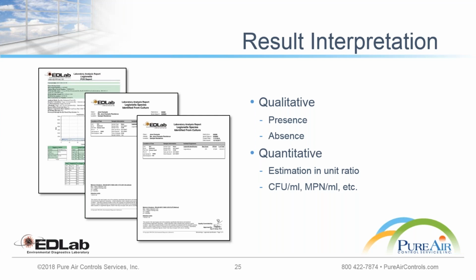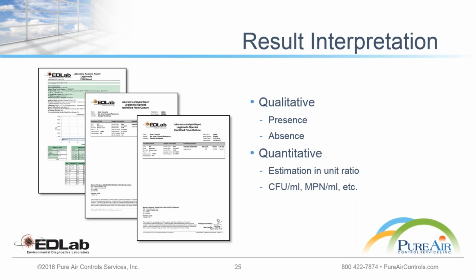But if we know how much Legionella is there, it gives us advance information on whether the quantum of Legionella or viable cells in that particular sample is going to be harmful.